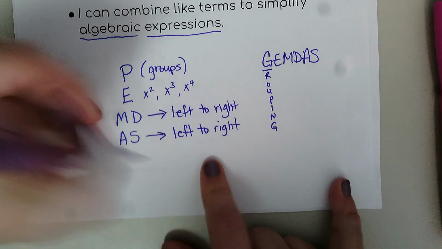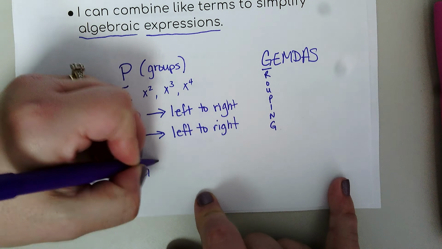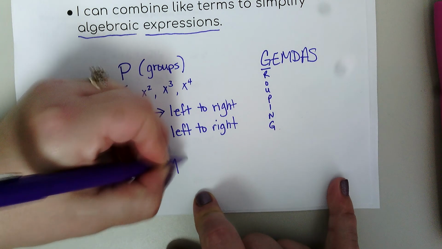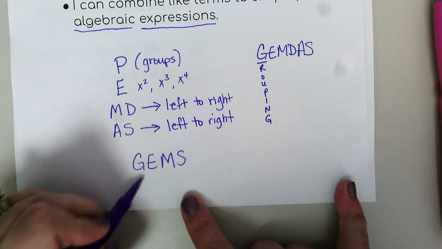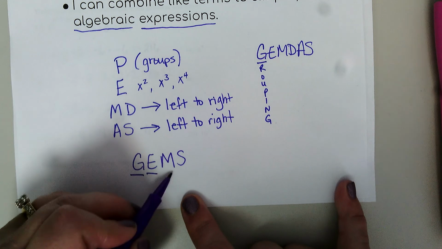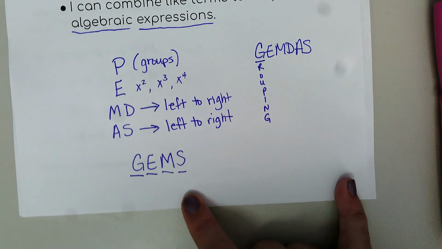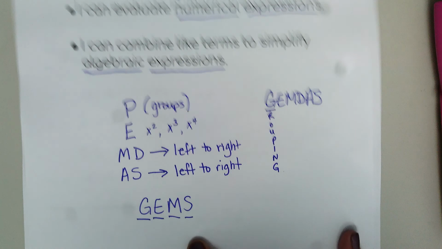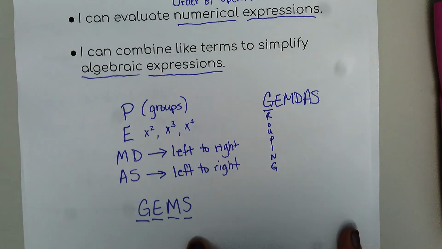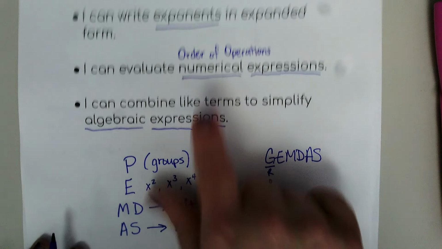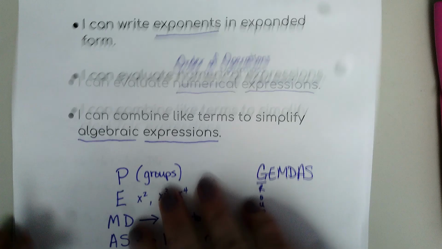There is also, we can call it GEMS, G-E-M-S, groups, exponents, multiply, divide, add, subtract. That's another acronym for PEMDAS. So however you want to remember it, or however it's been taught to you, this is what we have to do when we are evaluating any kind of algebraic or numerical expressions. All right, so let's start with the numerical, okay?